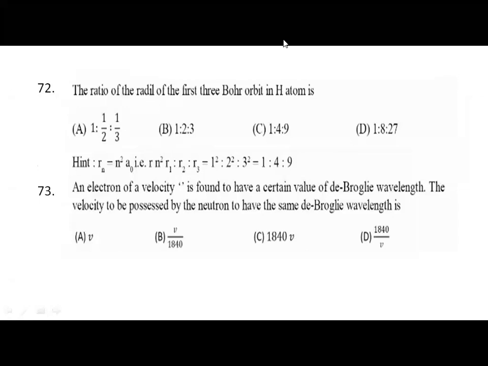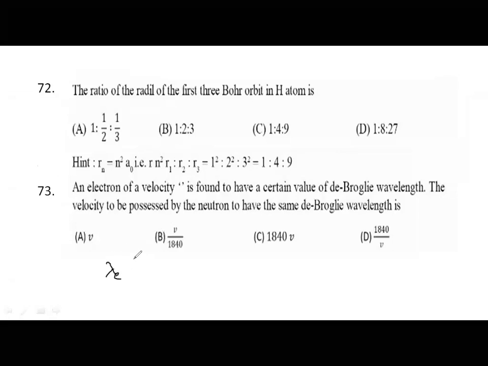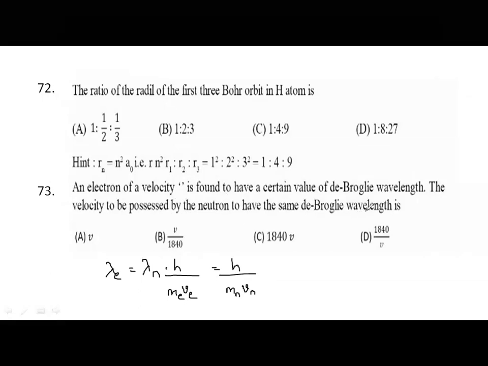So here I solved it out for the next question. See, de Broglie wavelength of the electron is equal to wavelength of neutron, use this formula: h upon mass of electron into velocity of electron is equal to h upon mass of neutron into velocity of neutron, because they have said same de Broglie wavelength.